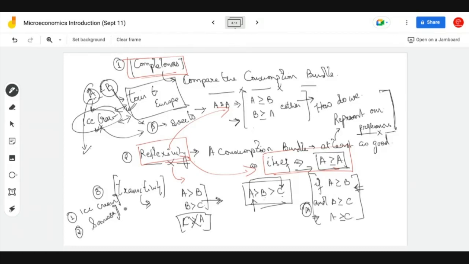So as a consumer, I want to consume two things. Why do we want to consume two things? Because if I have a preference for consuming ice cream and samosa, I'll prefer both rather than just one. We'll talk in detail about why we prefer two goods, because we'll talk about diminishing marginal returns, or DMR. We'll talk about it. So let's first talk about the indifference curve. Okay.